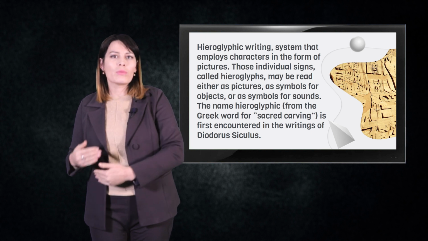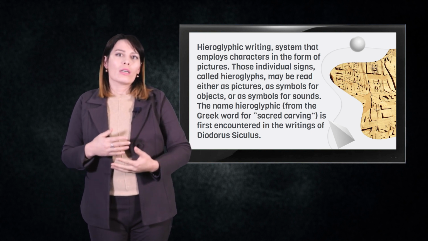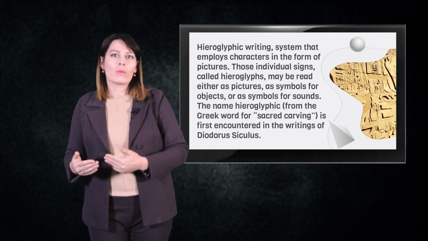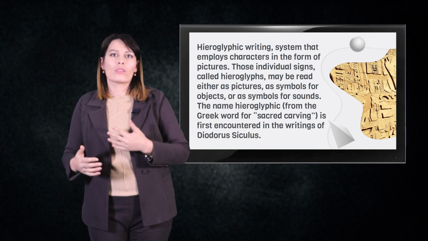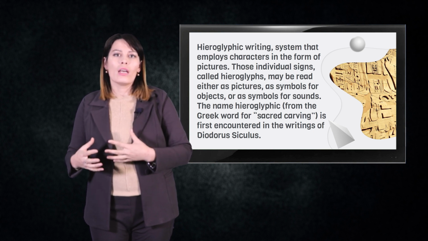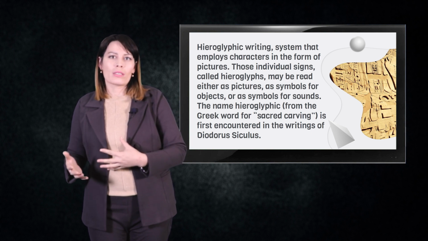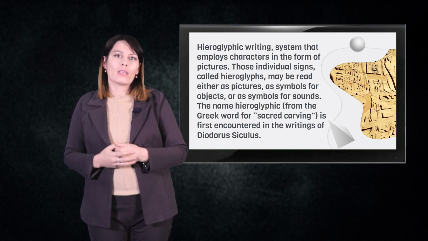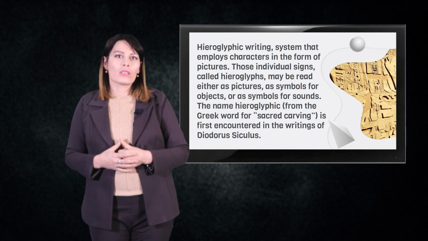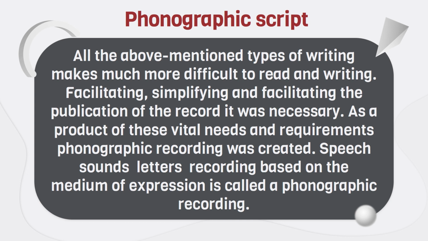But step by step, Chinese people began to create new types of hieroglyphs in order to express their writing exactly, and to express their writing system more precisely. In this case, we can see now from this picture the development of human hieroglyphs. All the above mentioned writing makes it much more difficult to read and to write.